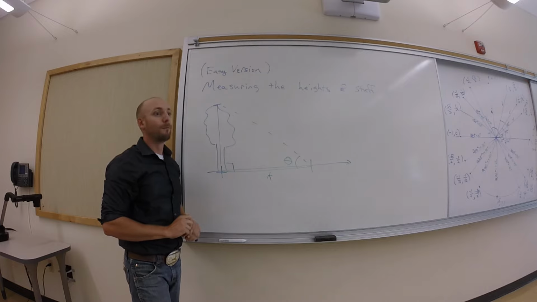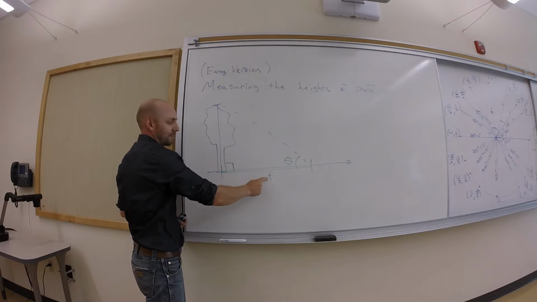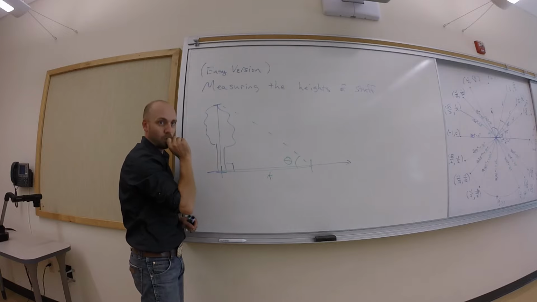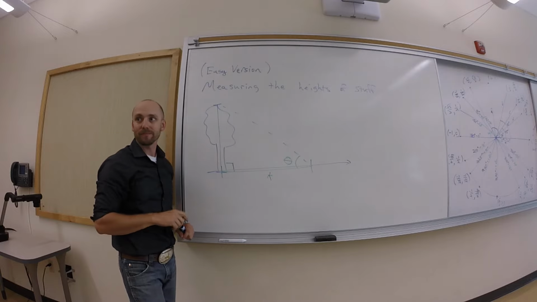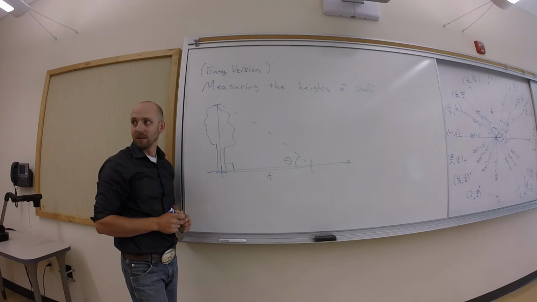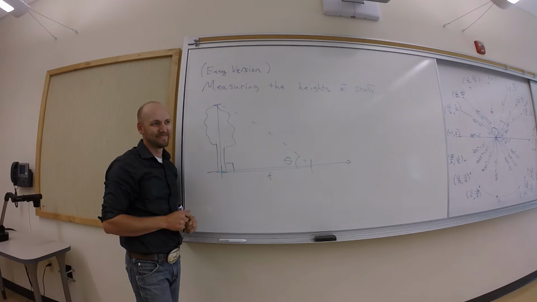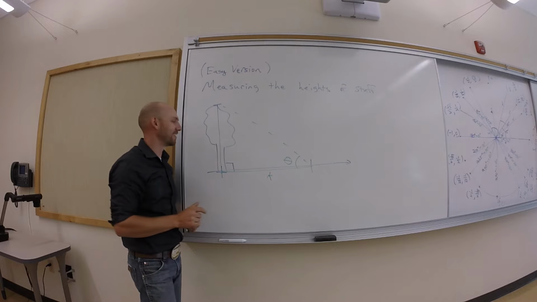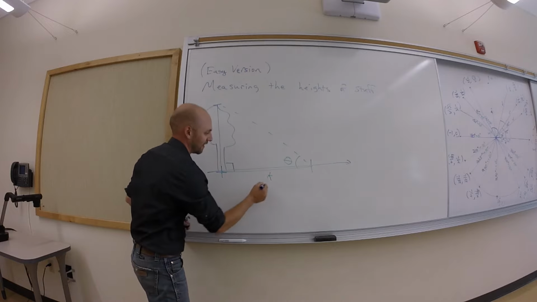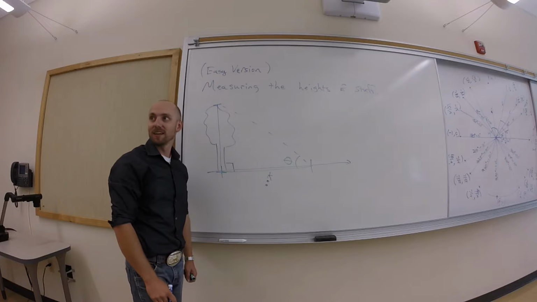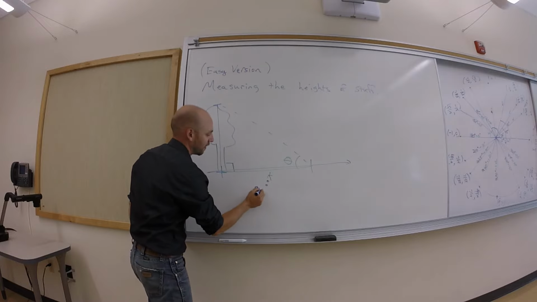Cool? But if I know that angle and I know this distance, what can I do with this thing? Tangent. You guys see that? This side here, this K side, that's the adjacent side, right?